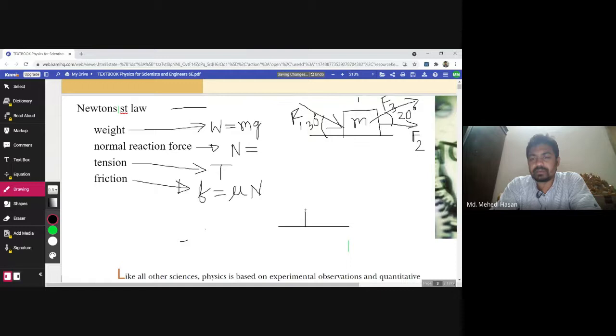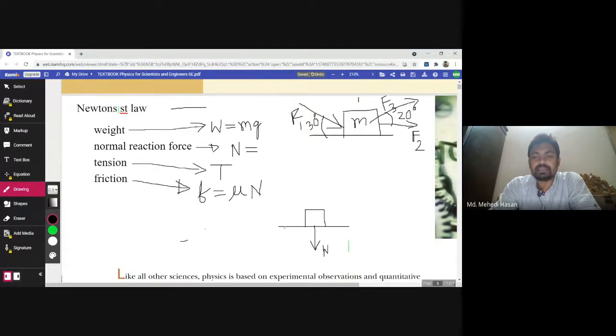If you consider an object on a surface, then the weight will act downward. Since we are dealing with forces, we need to know the direction of the forces, because force is a vector. So W is acting downward.